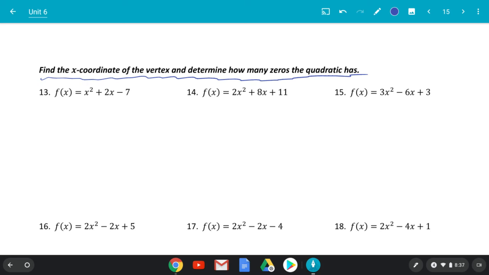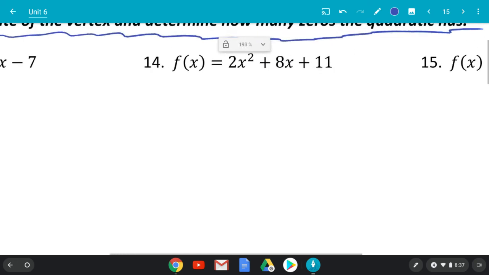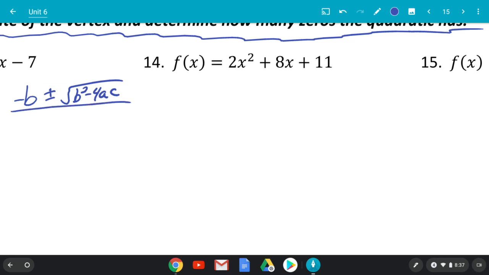Well, we talked about this a little bit yesterday, and I'll look at number 14. You know, in the quadratic formula, we got negative b plus or minus the square root of b squared minus 4ac all over 2a. This thing over here is the discriminant, and it tells us how many zeros we have.